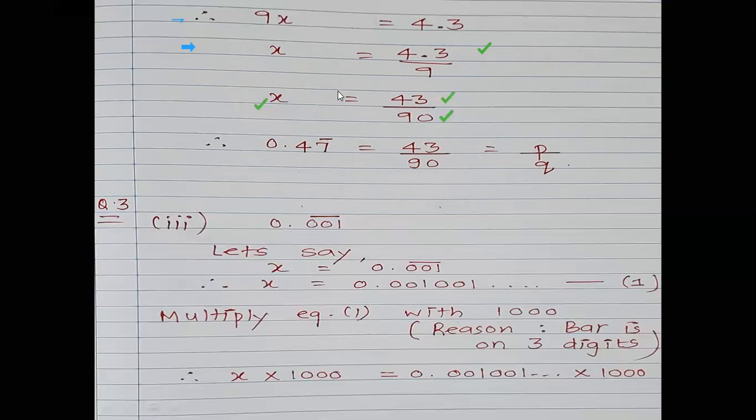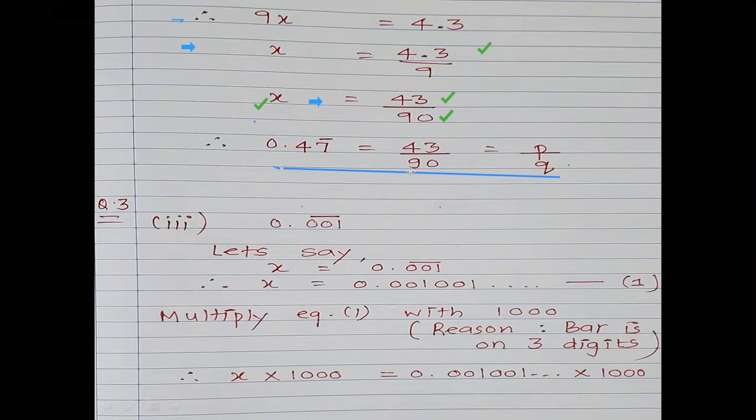Now, if you could recall, to begin with, we represented x as the question, that is 0.47 bar. Now, what we are doing over here is that 0.47 bar has been represented in the form of P upon Q, which is 43 upon 90.